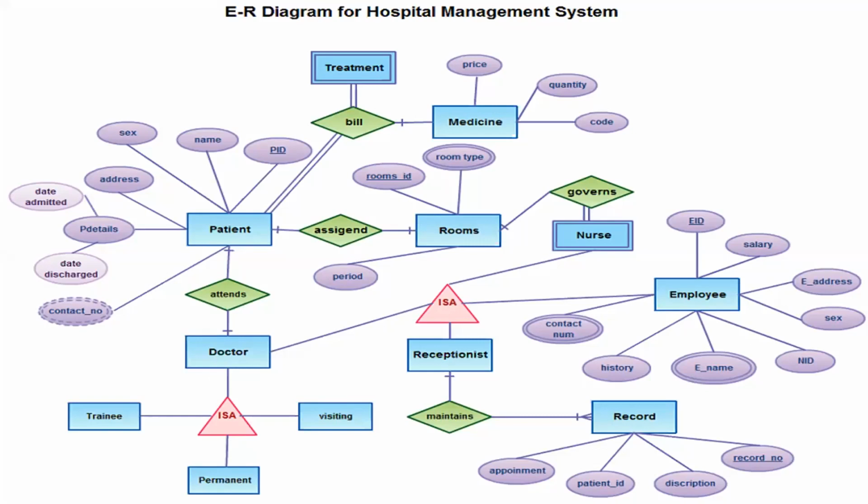If you break it down, doctor is a trainee doctor, doctor is a permanent doctor, doctor is a visiting doctor. Or if you want to make it generalized, trainee is also a doctor, visiting is also a doctor, permanent is also a doctor. These three we are relating to the super class doctor. That is generalization. So this is the best example for hospital management system.